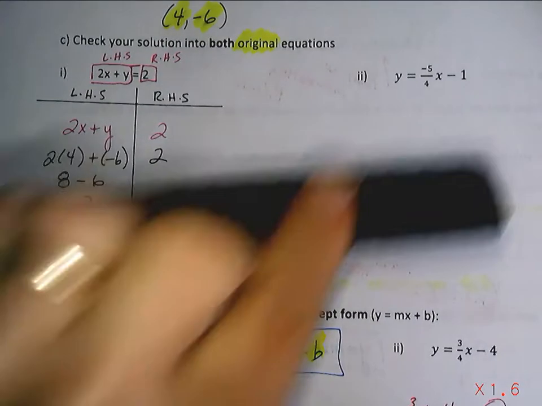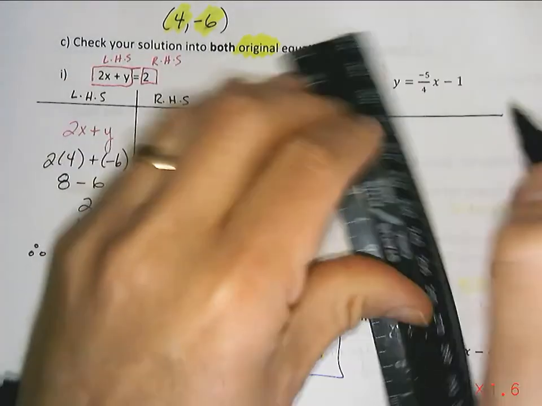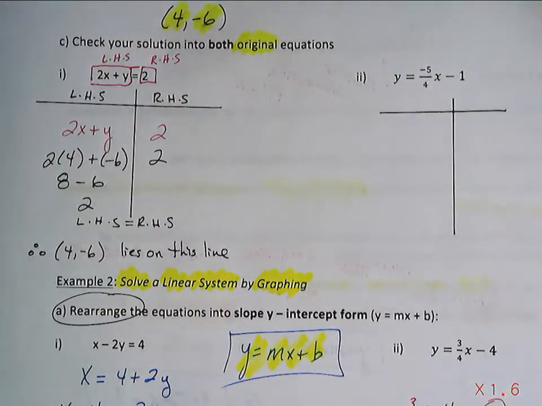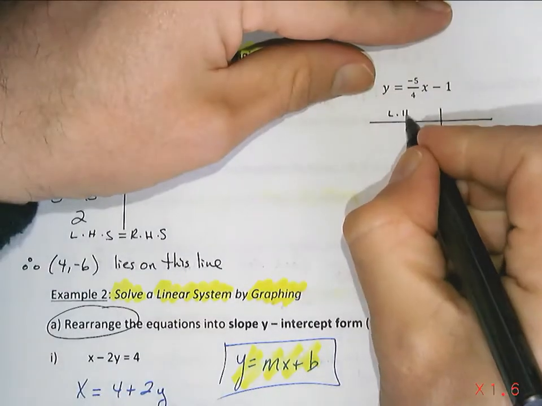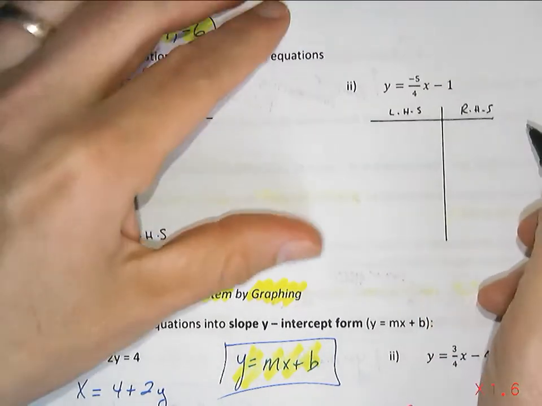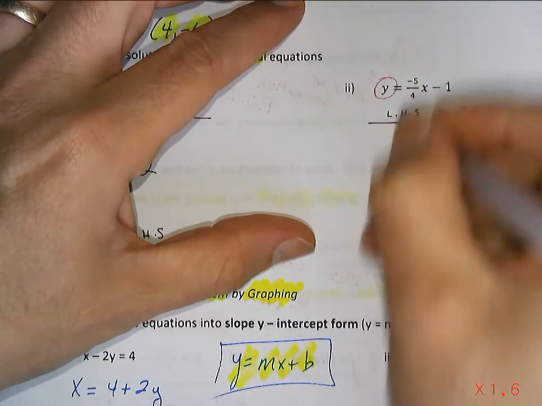So we come over here and we do a t-chart. We put the left-hand side. We put the right-hand side. Now remember, what we're talking about is the left-hand side of this equation.